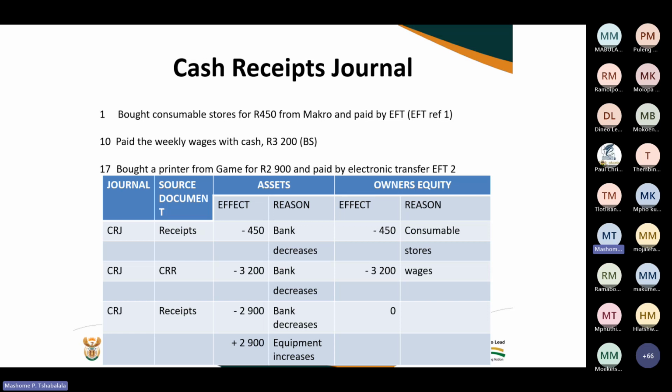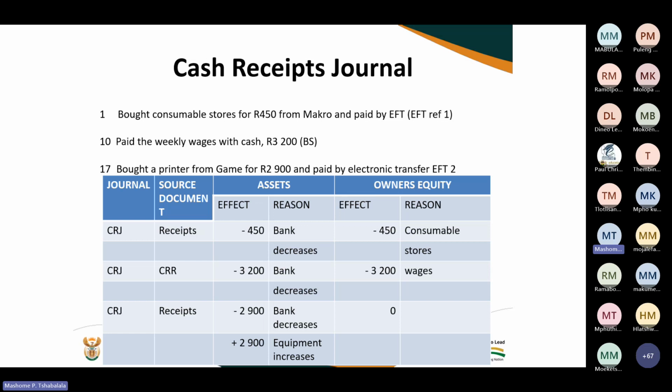When you buy goods, it means the money from the bank account will decrease. The two accounts that will be affected are bank and consumable stores. Bank will decrease, and consumable stores will also decrease by 450. Then owner's equity will decrease and assets will decrease.